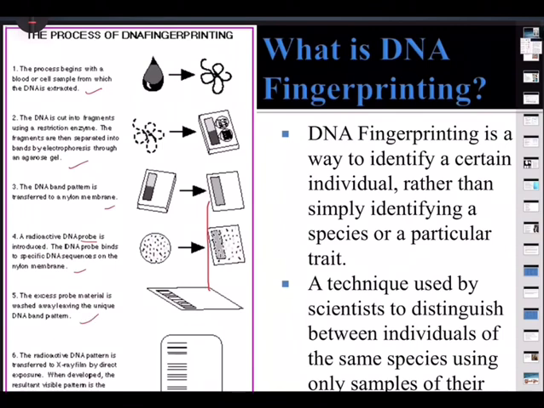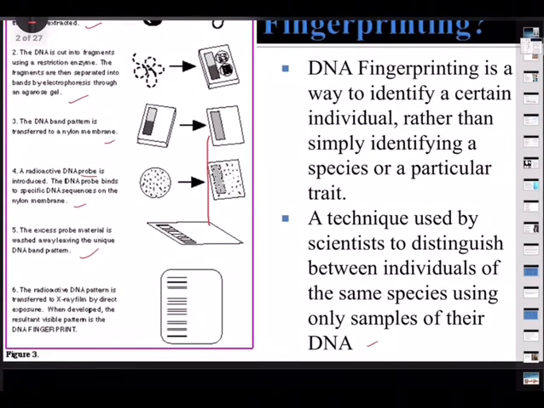The radioactive DNA pattern is transferred to X-ray film by direct exposure. When developed, the resultant visible pattern is the DNA fingerprint. So finally we will get these DNA sequences, nitrogenous base sequences, in this form. So this is what basically we are doing.